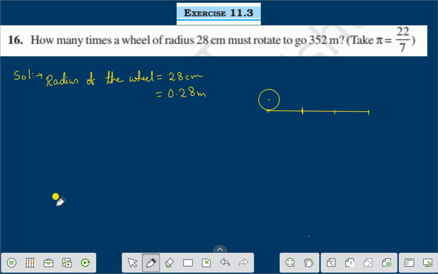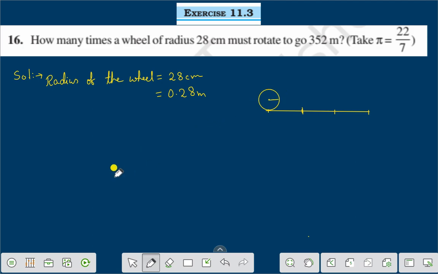That is the radius of this wheel. Suppose the radius of this wheel is 0.28 meter, right?